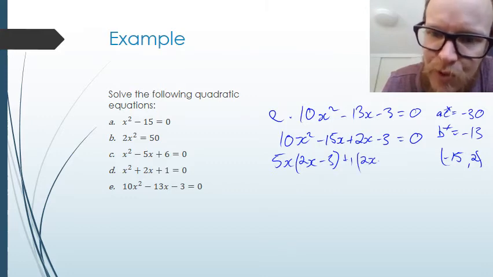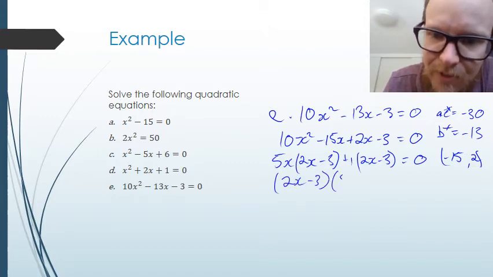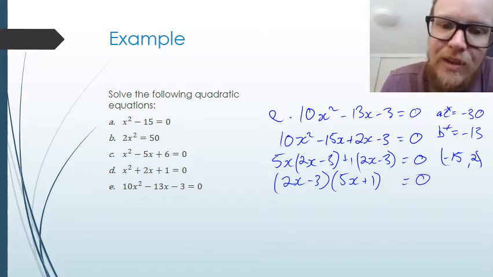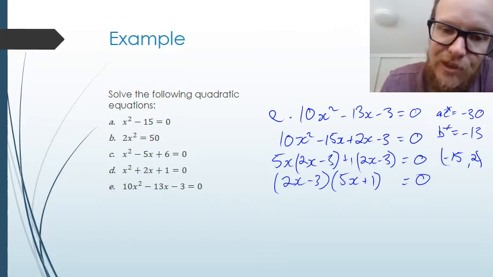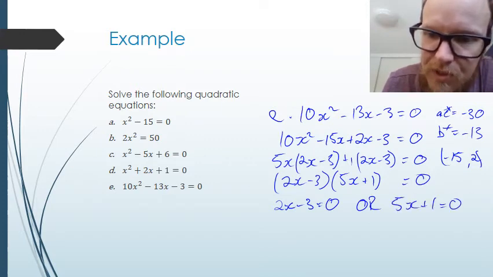And I'm left with the 2x minus 3 equals 0. Take the 2x minus the 3 out the front, and I'm left with 5x plus the 1 equals 0. A little bit more complex this time. Use the null factor law. Using the null factor law, I get 2x minus 3 equals 0, or 5x plus 1 equals 0.